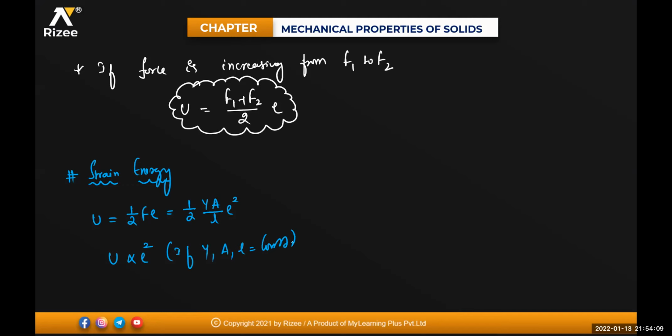Is that clear? Okay. Next. So U is equal to half into force into extension, or it is YA by L into E square.